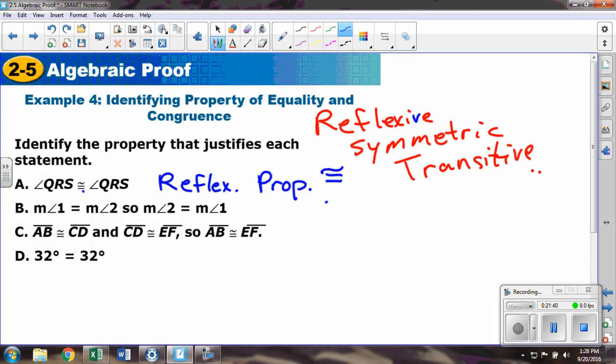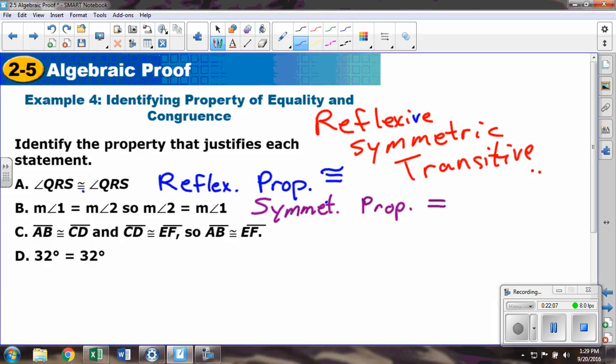What about the second one for B? Measure of angle 1 equals the measure of angle 2. So we flip them. Measure of angle 2 equals measure of angle 1. That is the symmetric property. And since it's equals, it's the property of equality.